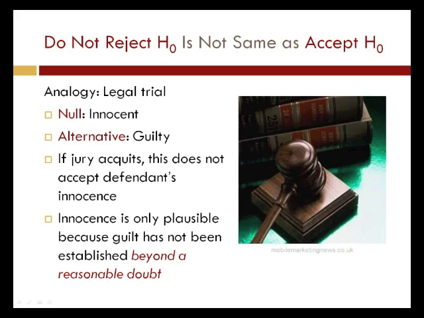An analogy that it has here is considering a legal trial. In a legal trial, if you're part of the jury, your job is not to decide if the person is innocent or not. Your job is to decide if there is evidence beyond reasonable doubt that the person is guilty.